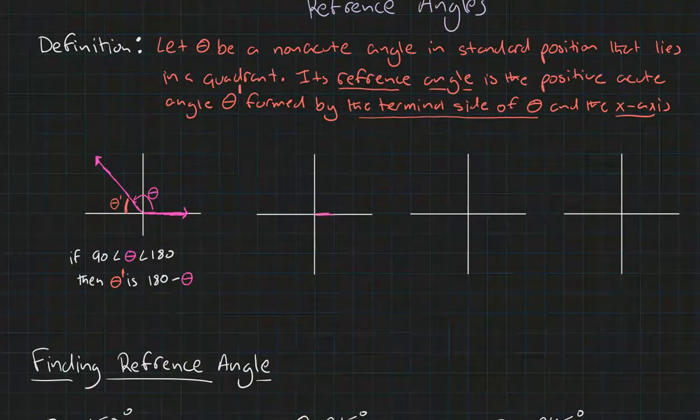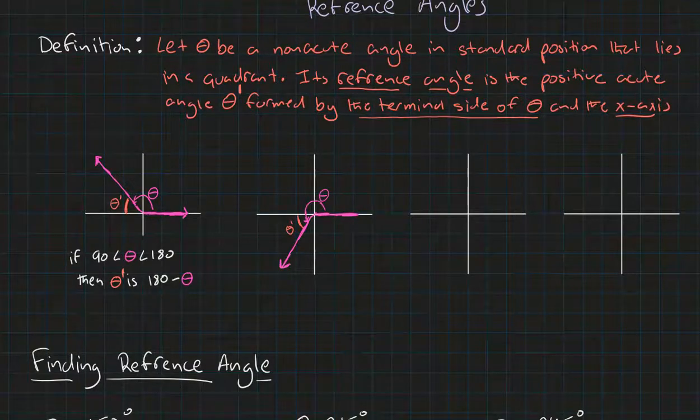Let's take a case when we have something sitting in the third quadrant. Here is theta. That definitely cannot be part of the right triangle or the reference angle. The reference angle, again, is between the terminal side and the x-axis. It is always the x-axis. So right here is the reference angle.